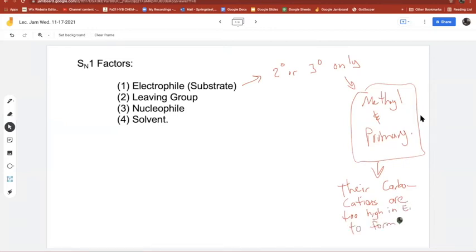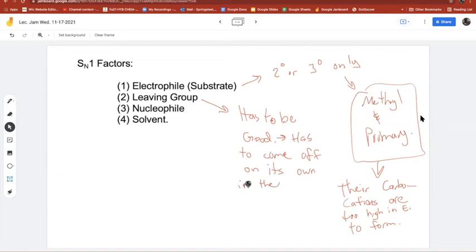Can't form the carbocations. Oh, the leaving group now, it has to be a good one. Has to be good because it's in the rate determining step. It pops off, has to come off by itself in the unimolecular rate determining step, right?